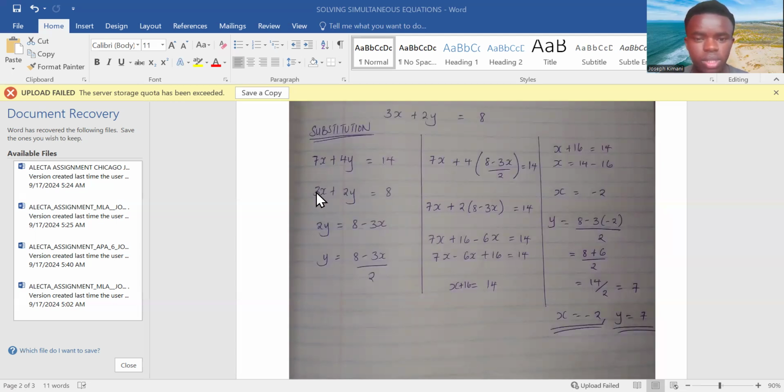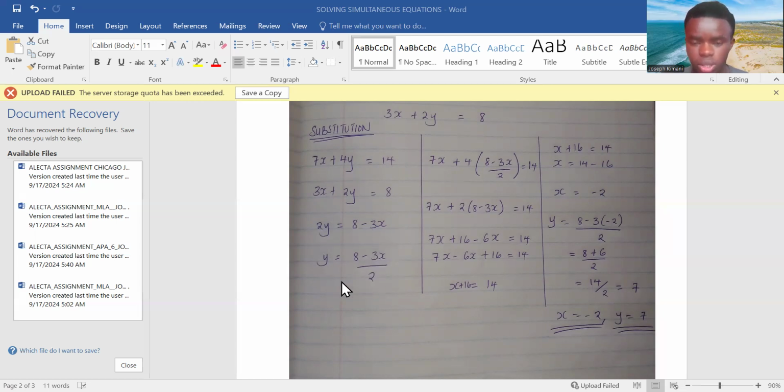If it was positive, it will be negative on this side. So 2y will be 8 minus 3x. And now what about y? I'm interested in y. So I'll divide both sides by 2. I divide here by 2 and divide here by 2. 2 will cancel these 2, then y will be 8 minus 3x divided by 2. That's the value of y, the first value we got.